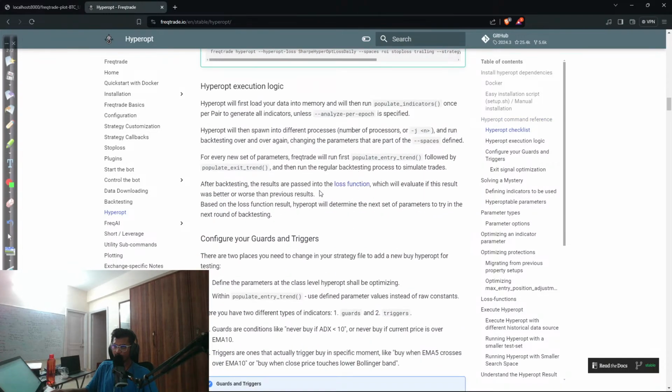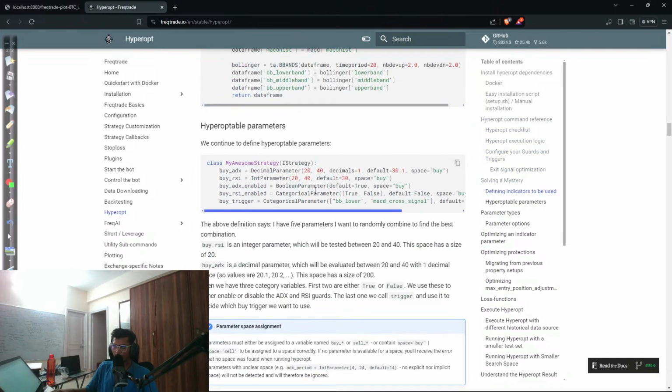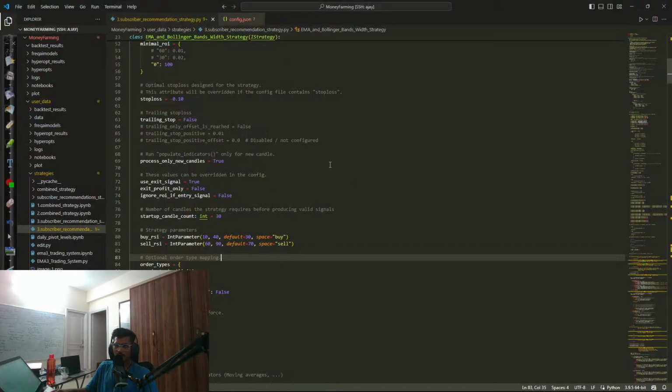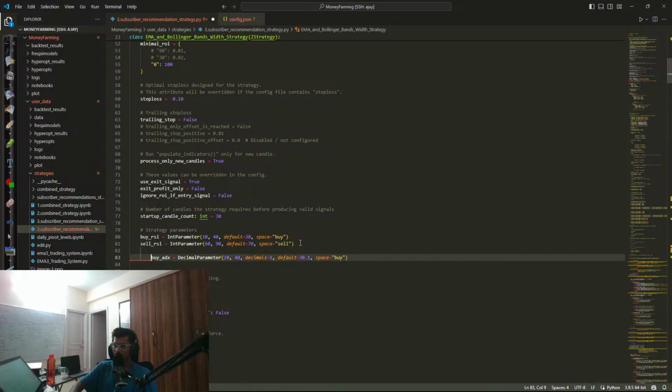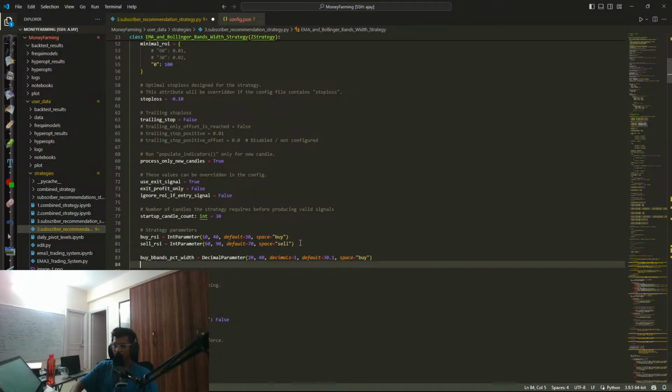These are the different spaces, these are the parameters. I want the decimal parameter. So I'm going to copy this, go there, and put it like this: BB bands width percentage width, and this is going to be sell.